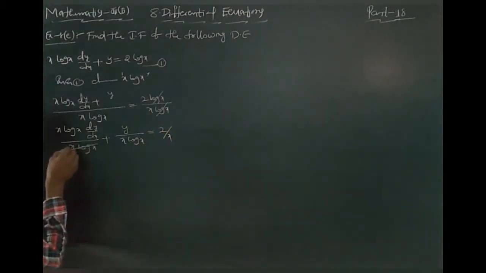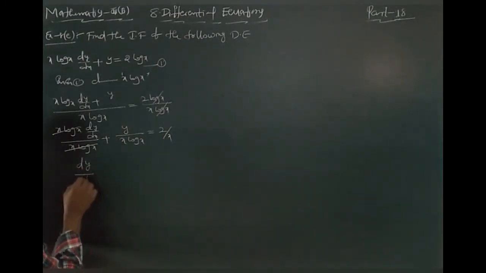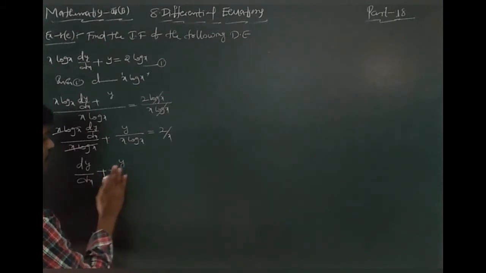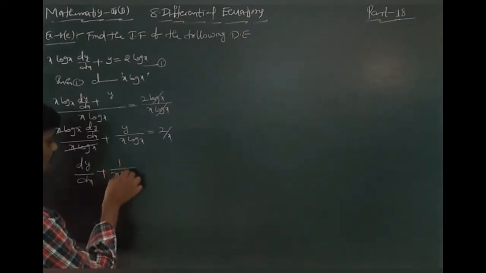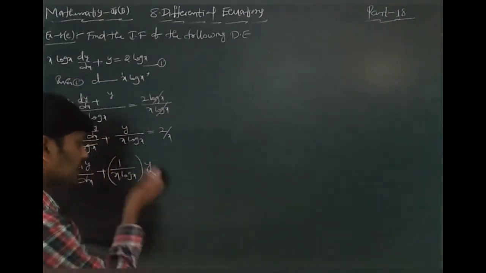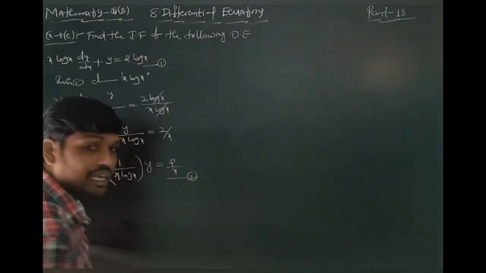See students, here x into log x gets cancelled. Remaining dy by dx plus y by x into log x, you can write 1 by x into log x into y. Understood or not? Y into 1 you get 1, is equal to 2 by x. Suppose this is equation 2.